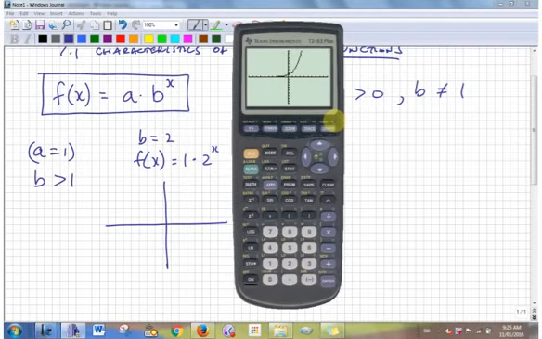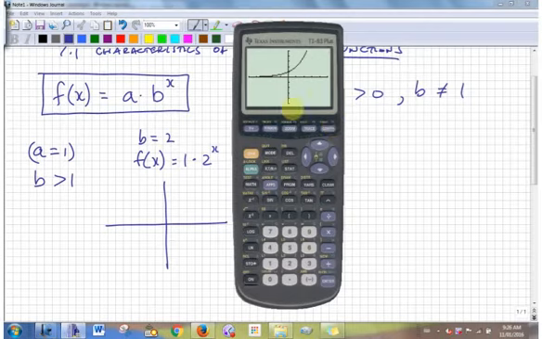Now it looks like it comes right out of the origin. It doesn't. I'm going to blow this up just a little bit. I'm just going to go from negative 5 to 5 because I'm trying to make a point here. It still looks like it comes out of the origin.